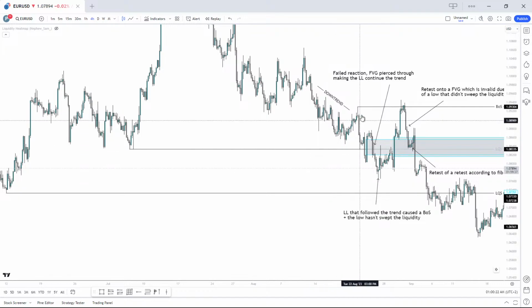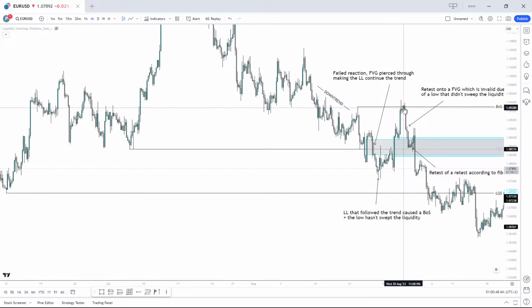Okay, so let's make a recap. So this is a lower low that swept the liquidity. So liquidity got swept. Failed reaction. Fair value gap pierced through, making the lower low continue the trend. Lower low that followed the trend caused a break of structure.